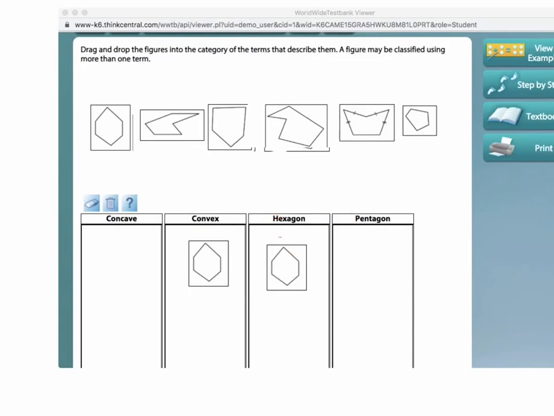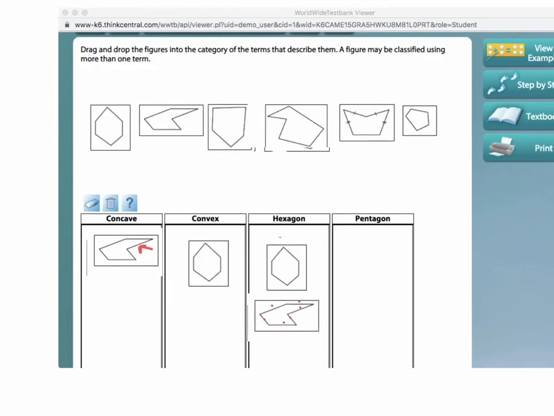Second shape, let's look at that. It is definitely concave because it goes inside. You can see right here it goes inside. So that is definitely a concave shape. And how many sides does it have? Let's count them, 1, 2, 3, 4, 5, 6. So it also is a 6-sided shape, and that would be a hexagon. So that would be a concave hexagon.